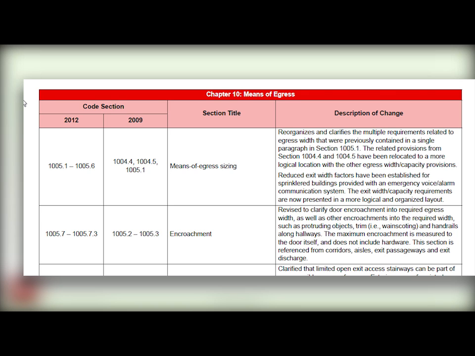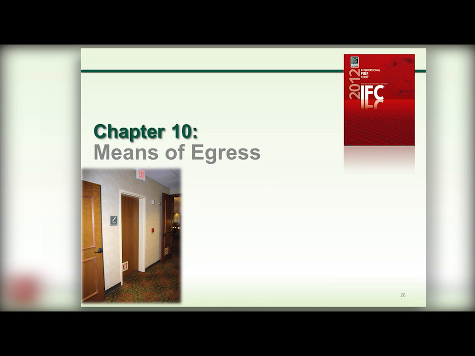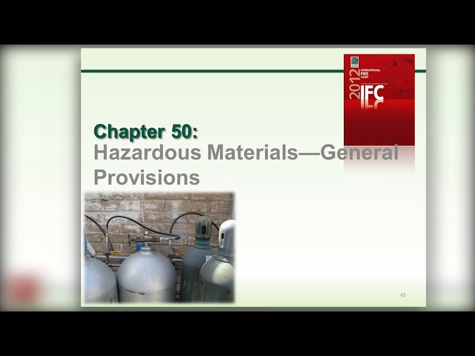They have actually been reintroduced now in the 2012 through an exception, but that exception for the reduced width includes not only the requirement for the building to be sprinklered, but where the building has an emergency voice communication alarm system in accordance with NFPA 72. So that's a little confusing. Those reduced widths are back in the code as a design option, but the requirement for the emergency evacuation system has also been added.